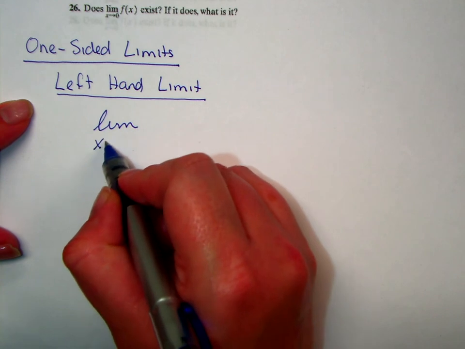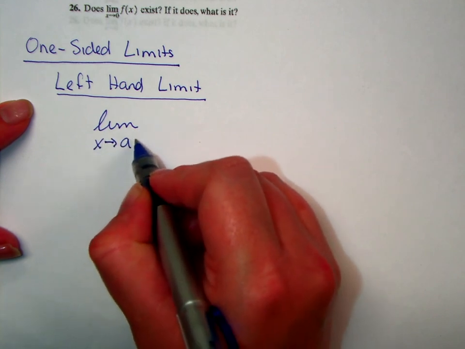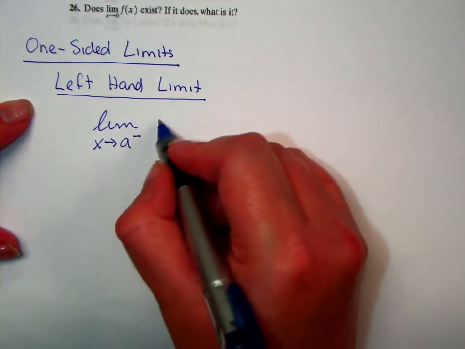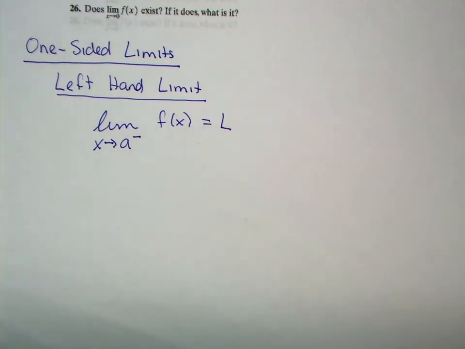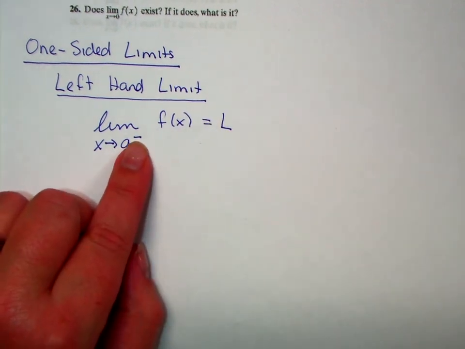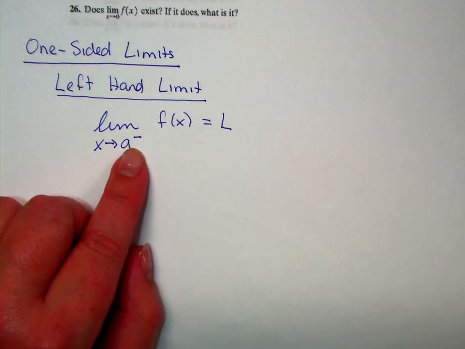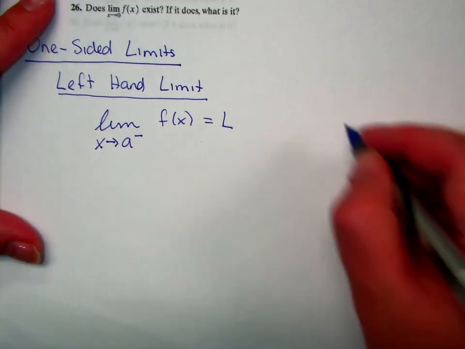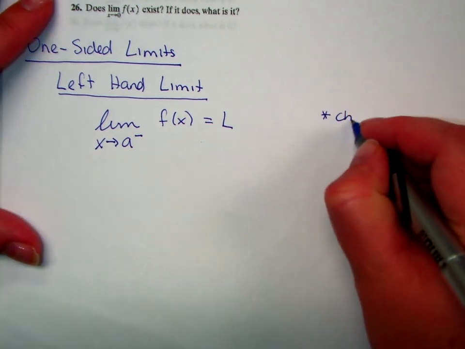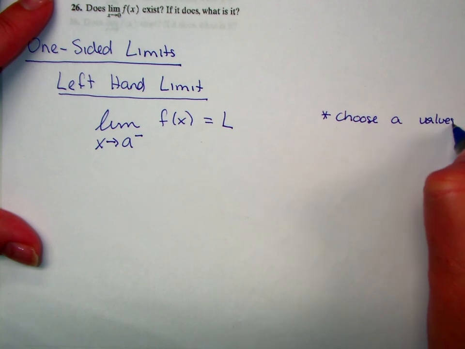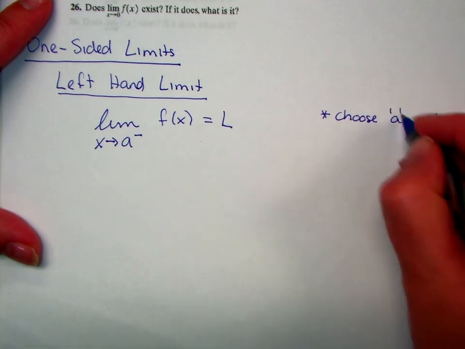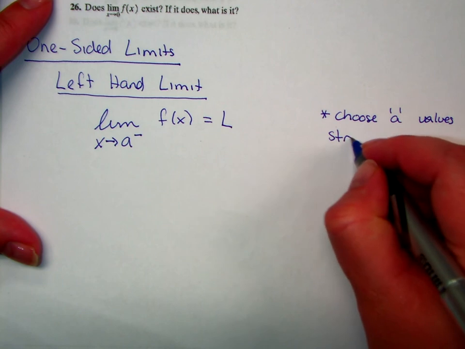The limit as x approaches a on the negative side. All right? So a on the negative side. So we put a negative sign in the exponent, right? So that just means we're going to pick x values strictly less than a.